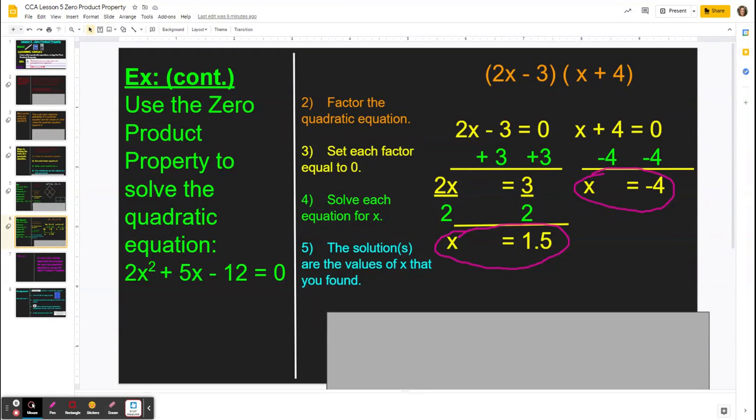Yep, it's already factored. I've done the diamond, I've done these two. Any other questions? Are you doing okay? Good, Matthew? All right. Ready to get started?